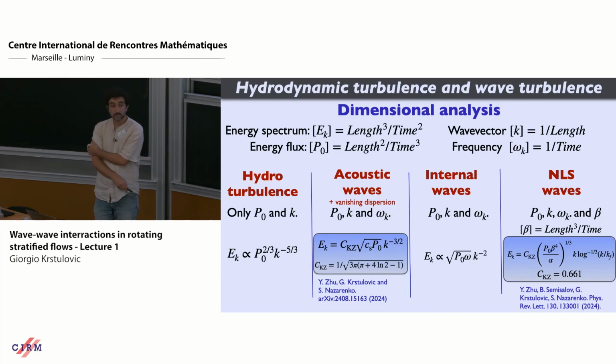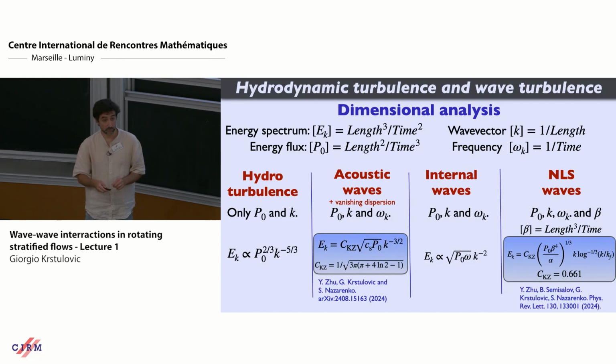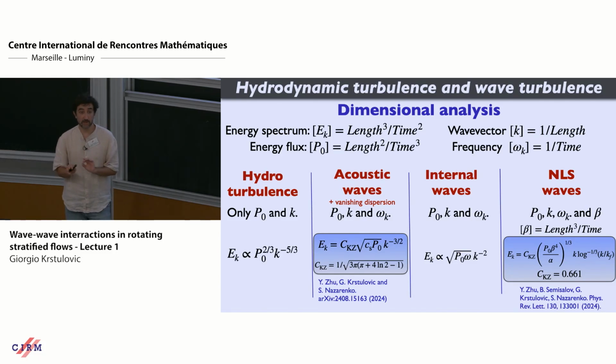You quote the formula for the logarithmic correction, and it's not there in the other examples. Is that because you can't compute it in the other examples, or only in this example? It's a pathology of the NLS equation direct cascade. It's very specific, a peculiarity of NLS. For NLS there is some issue which brings some divergence, and here there is a cutoff that I need to put explicitly. The NLS 3D energy cascade has this pathology.